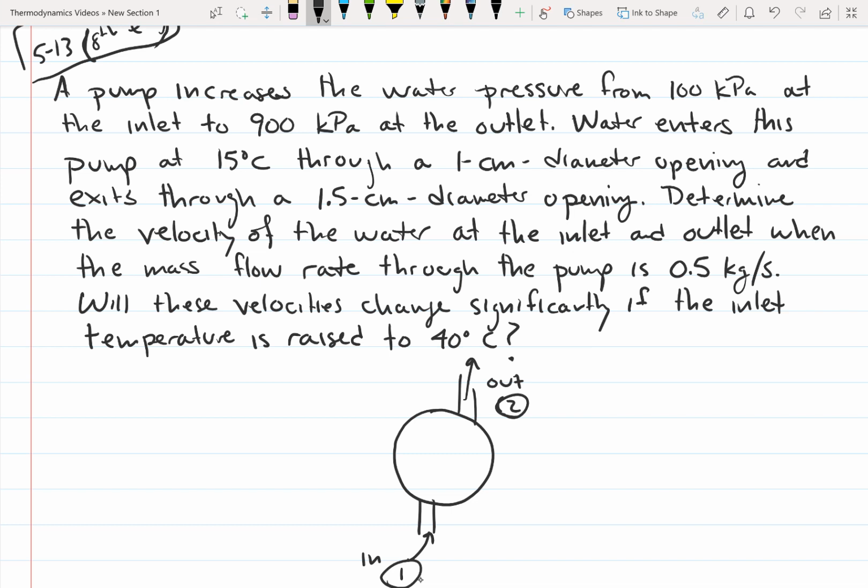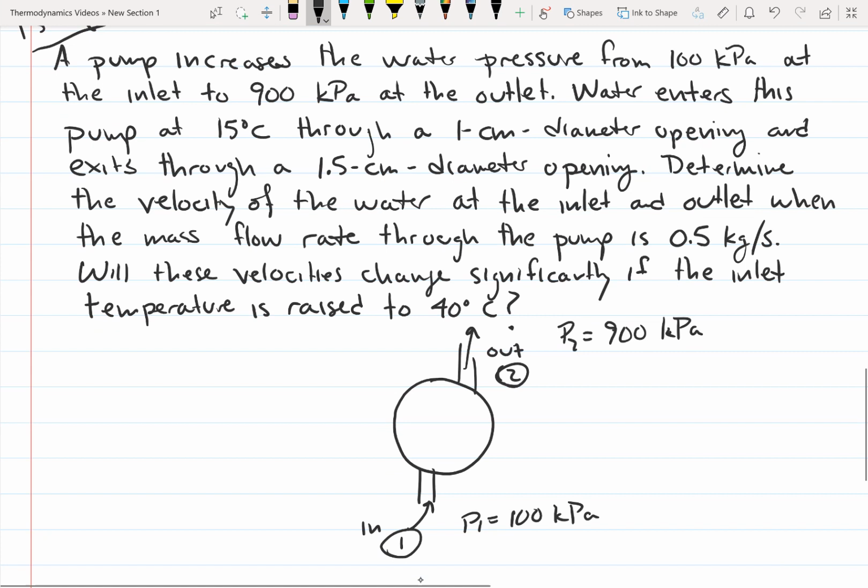So it says the pump increases the pressure from 100 kilopascal to 900 kilopascal. That means that P1 is equal to 100 kilopascal and P2 is equal to 900 kilopascal.